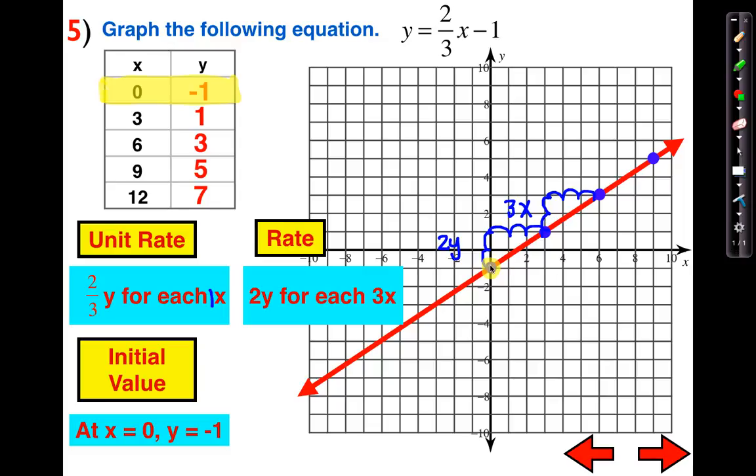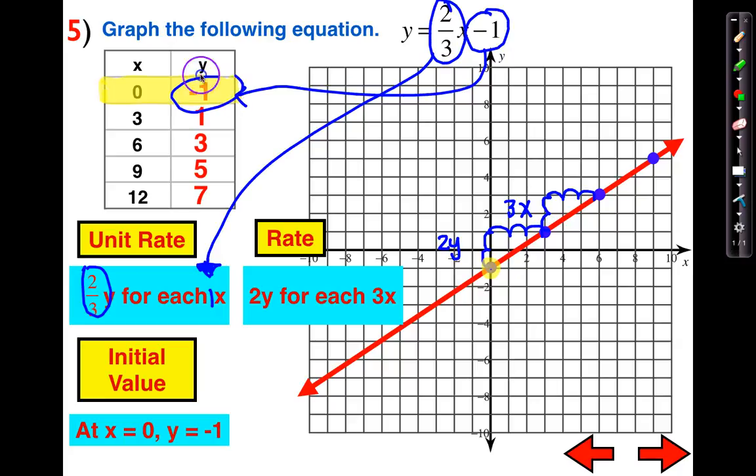Now, I can't stress this enough. Hopefully you're starting to see it. This number here is the numerical value of your unit rate. Here is the value of your initial value. So see how this equation is being built on these two things, the unit rate and the initial value.